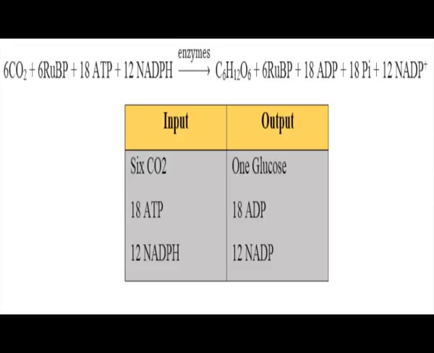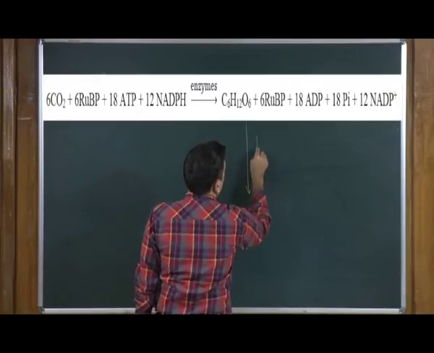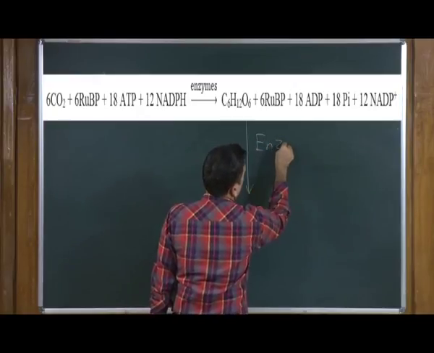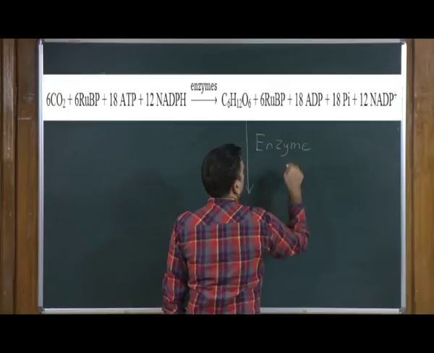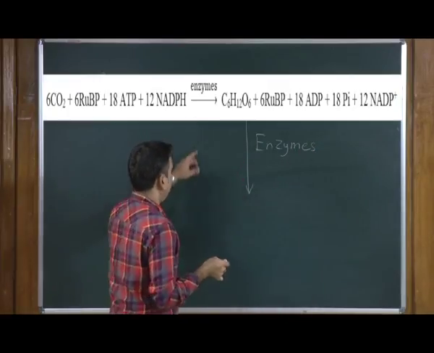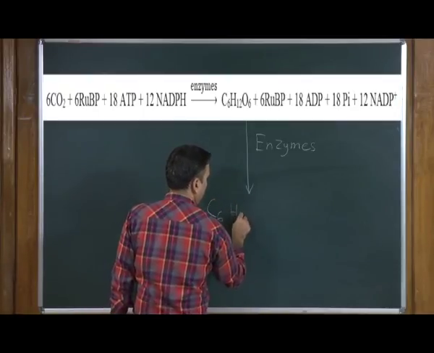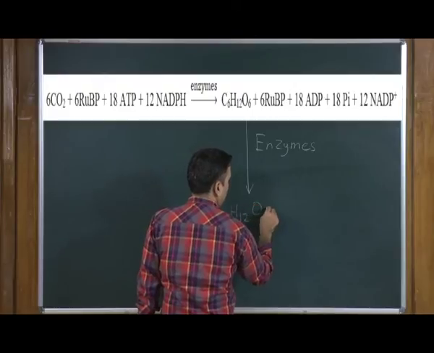For the 6 molecules, you need 18 ATP, and apart from that, you also need the different enzymes participating in the C3 cycle, and as a result you are going to generate one molecule of glucose.